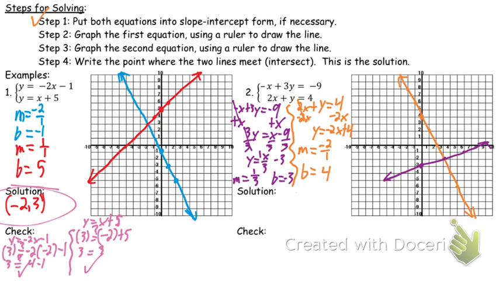Where's my intersection at? 3, comma, negative 2 is 3 to the right, 2 down. Now, could we check it? Yes. Do I make you? No, the choice is yours, okay? So you can choose to and make sure you get it right, or you can choose not to and risk getting it wrong. Does that make sense? Okay. Continuing on.